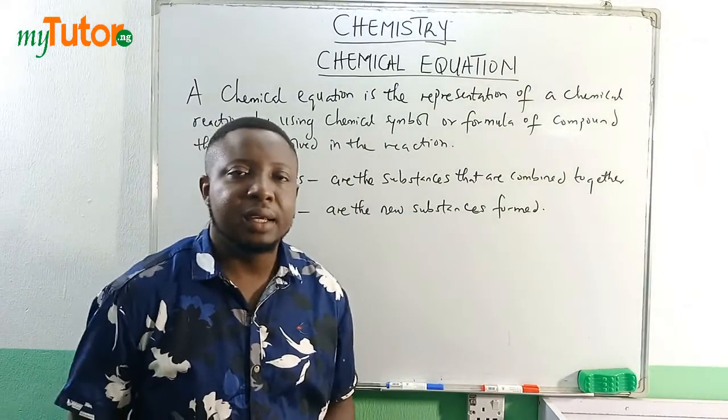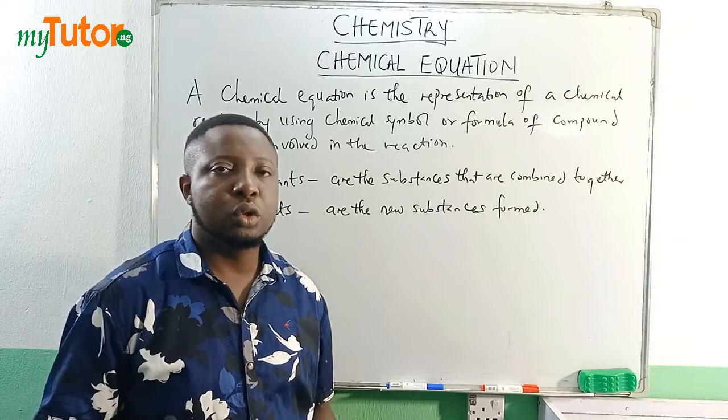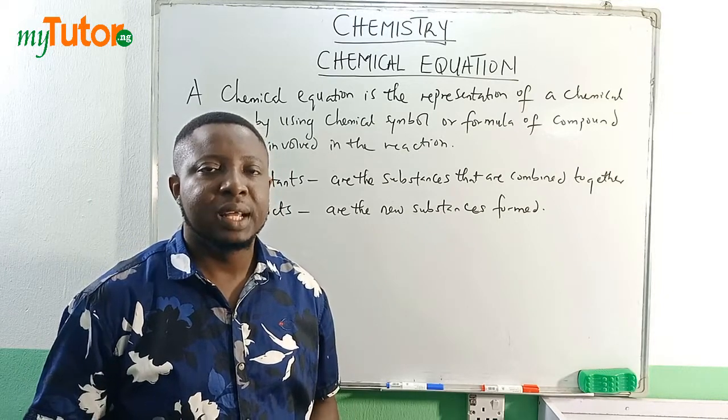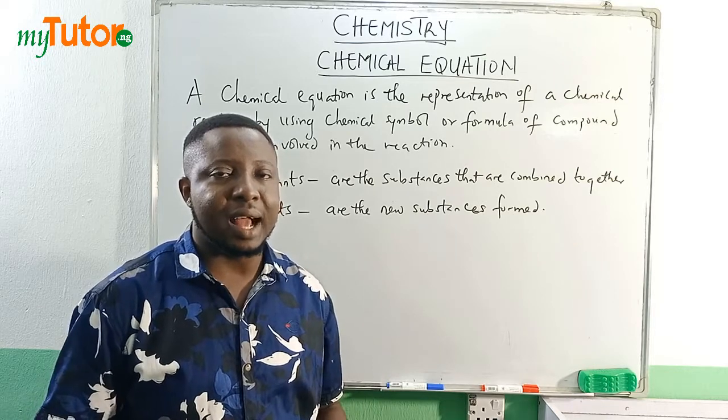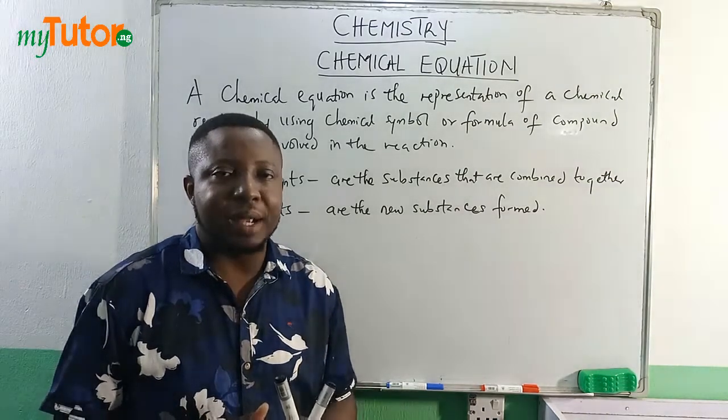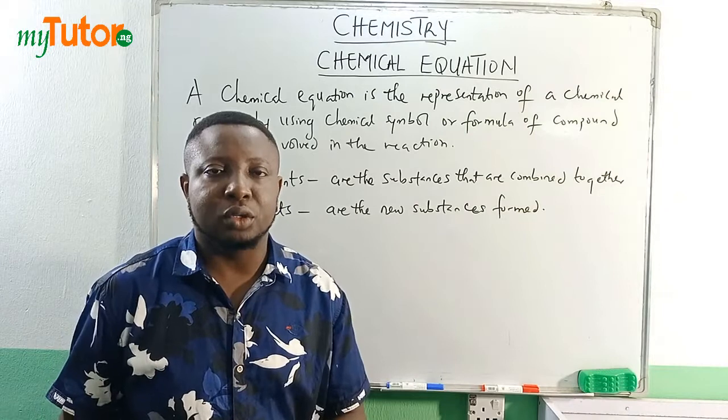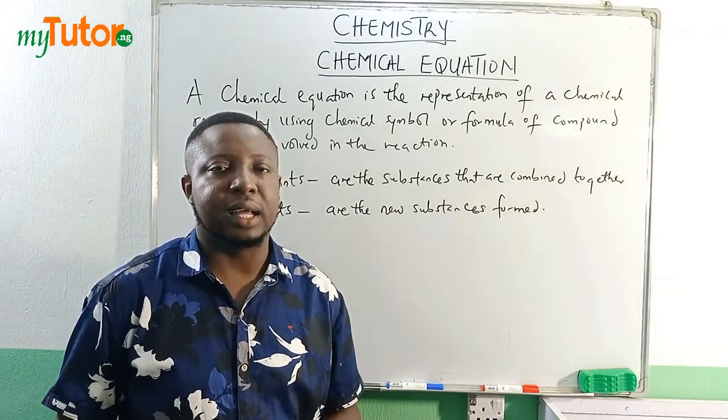So meaning that in a chemical reaction, two components are involved, the reactants and the products. The reactants are the substances that are combined together, while the products are the new substances that are formed.